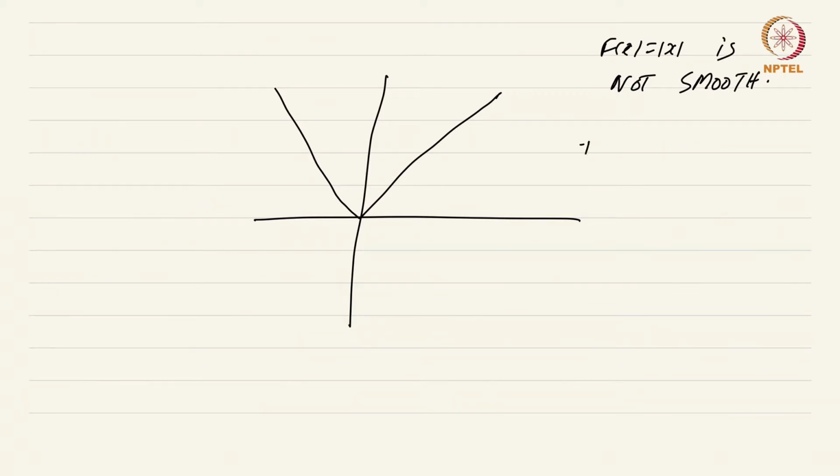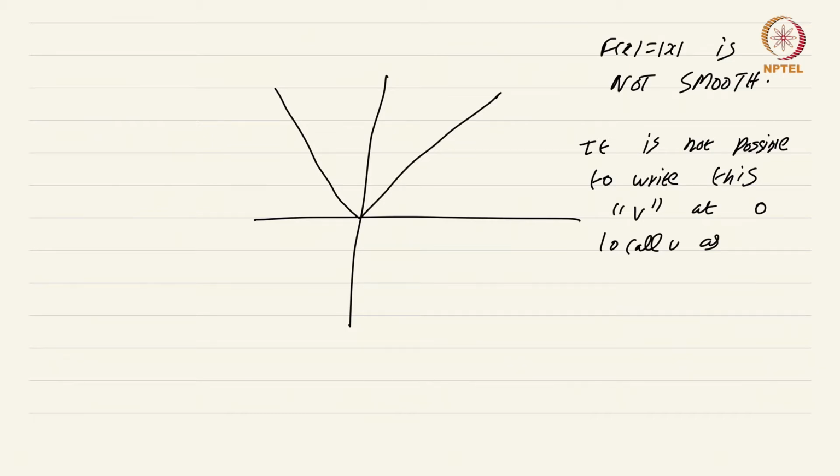It is not possible to write this V at 0 locally as the graph of even a C1 smooth function. It cannot be even a C1 smooth manifold.